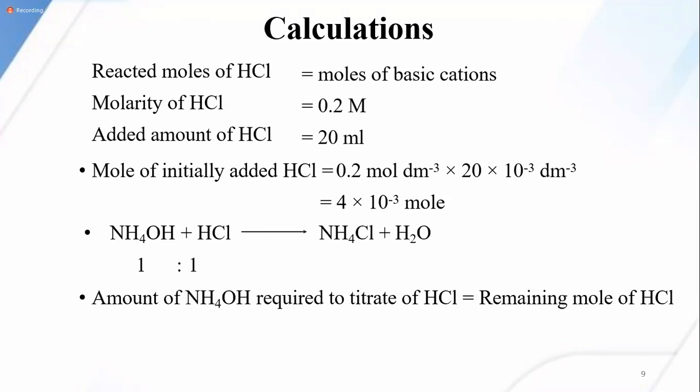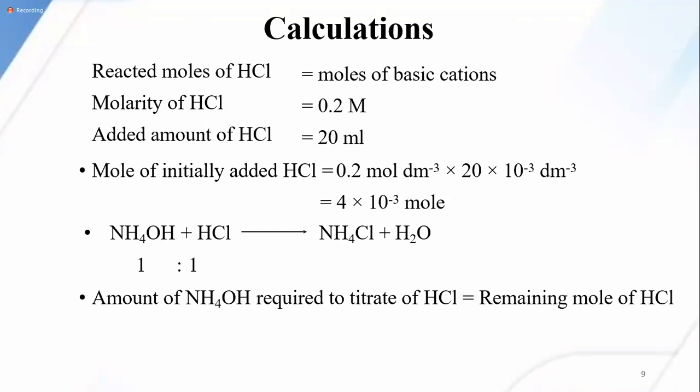Okay. So here we can take the amount of ammonium hydroxide that is required to titrate the HCl, which is equal to the remaining mole of HCl. We are adding HCl to convert the cation oxide into chloride.